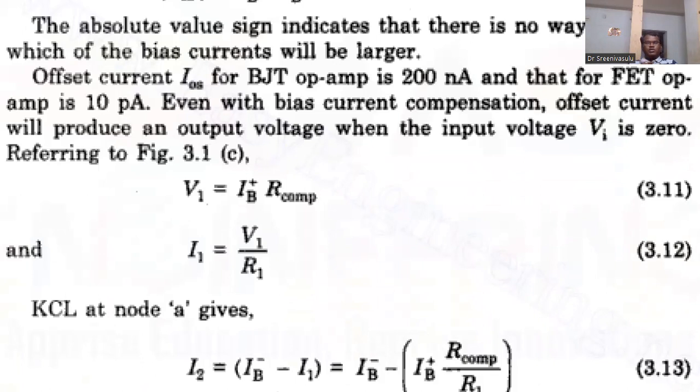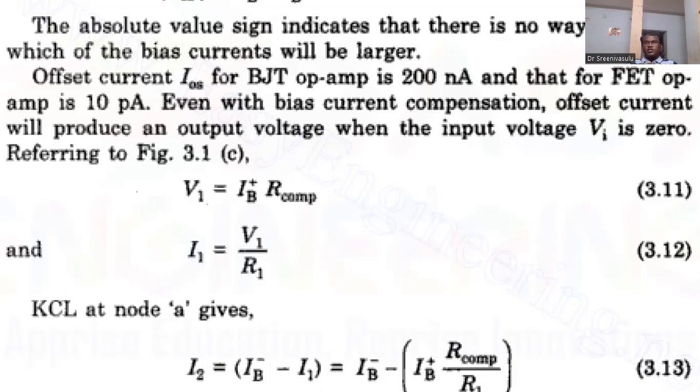And the FET version of op-amp is around 10 picoamperes. So from this, we see the BJT has more leakage current compared with the FET. FET is in the order of pico, BJT is in the order of nano.